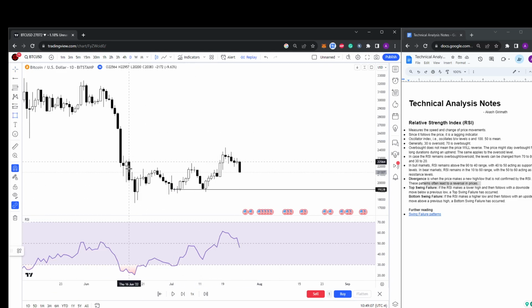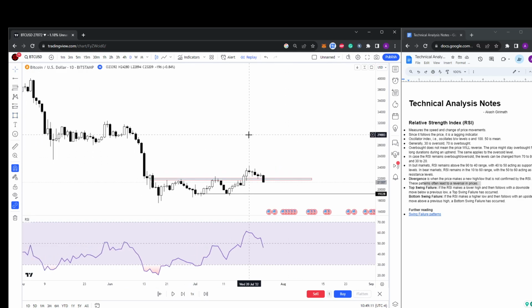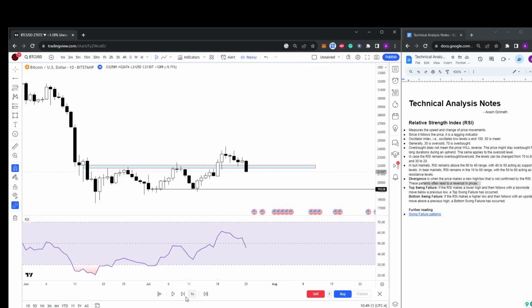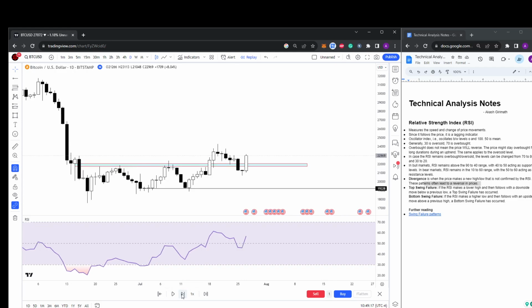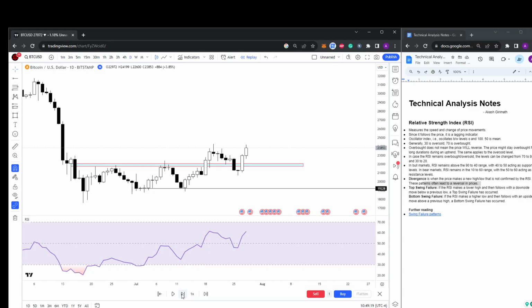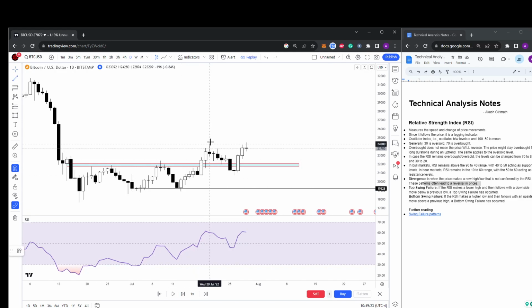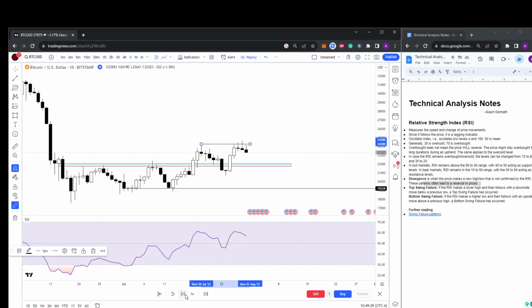But you can see that there is a good support level here, right? Let's see what happens to the price action next. Boom, we came back up again, went higher, cleared these highs over here, and then came back down.